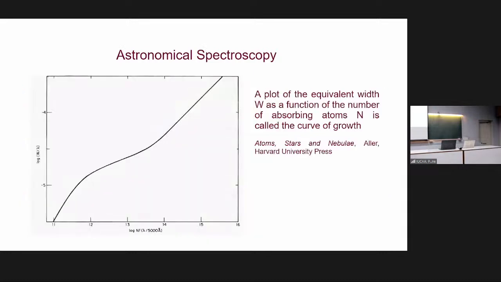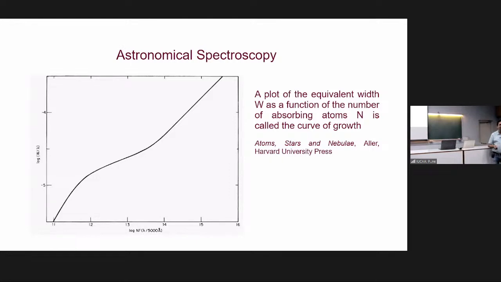If we plot it, it looks something like this. Here we have equivalent width, and here we have column density. This pattern is optically thin, where it is linear, then it is the square root of natural log, and then again the pace increases, with square root of column density here. We can use this plot to calculate the column density, because we can measure the equivalent width for any spectral line.